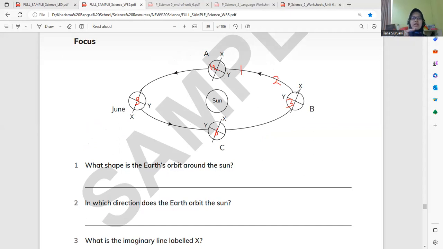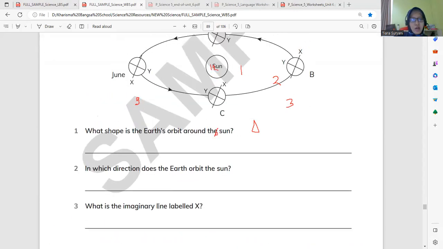It doesn't follow how the clock goes. The clock goes from 1, 2, 3, and so on, which is clockwise, but the Earth is going the other way. So the answer is counterclockwise or anti-clockwise.